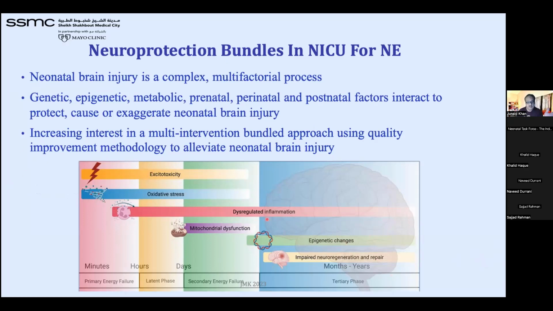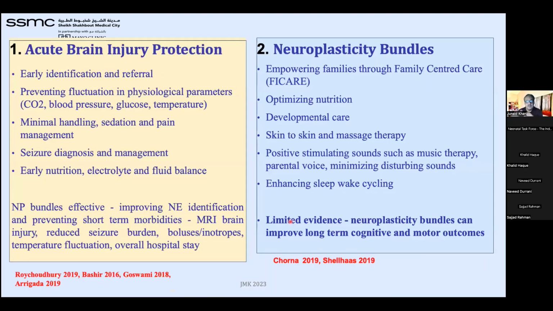This is minutes, hours, days, and these are the injuries that happen: excitotoxicity, oxidative stress, dysregulated inflammation, mitochondrial dysfunction, epigenetic changes, impaired neurogeneration and repair. My focus is on the acute brain injury protection and neuroplasticity bundle, when the baby is already compromised with this disease. But our focus is acute brain injury protection.